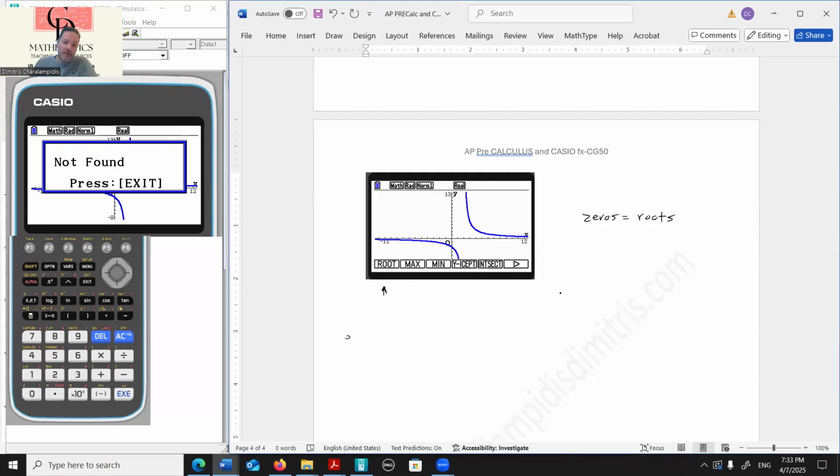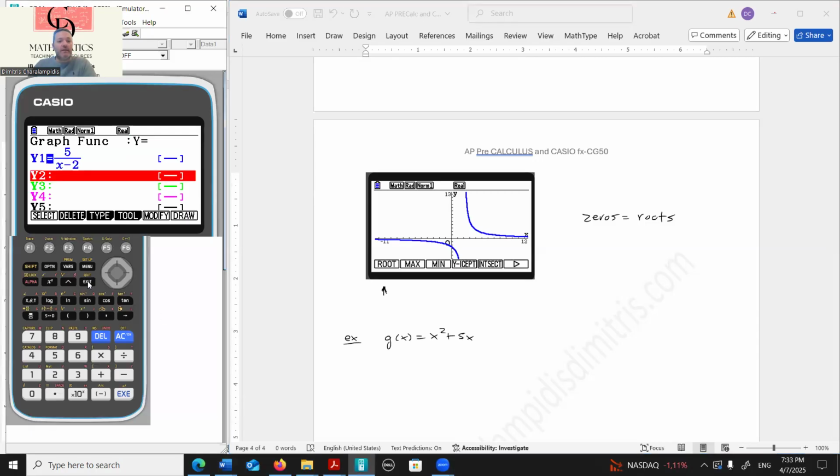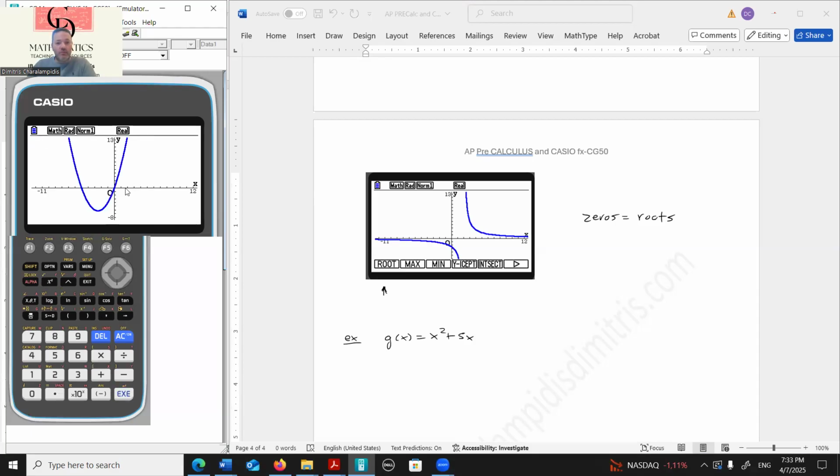For instance, and let's follow the same examples as before, let's assume that we have g of x is x squared plus 5x. Again, I should return back here, and let's delete that with Del and F1. So now I'm going to create x squared plus 5x, Exe, which will draw that graph, G-Solve, and root.